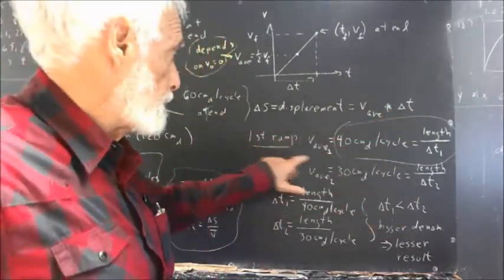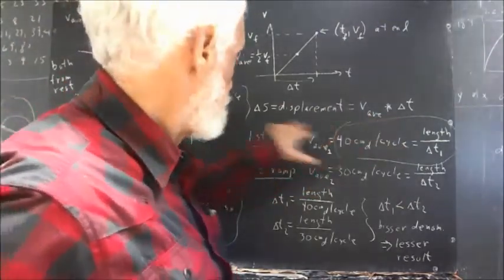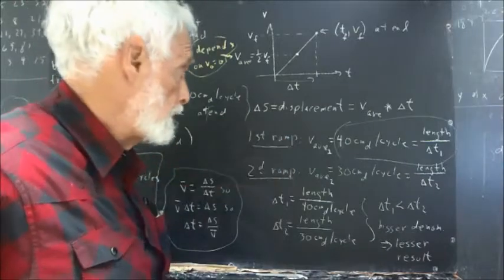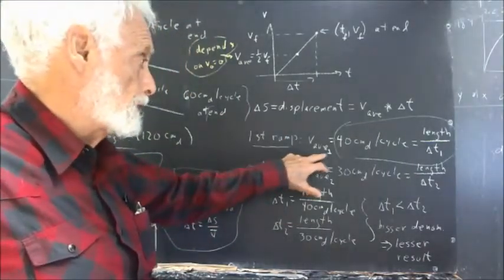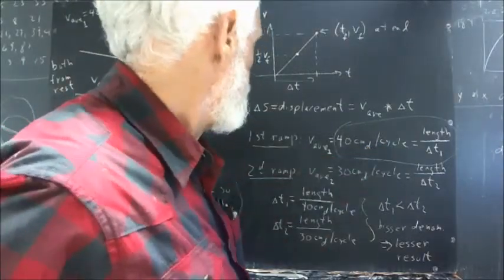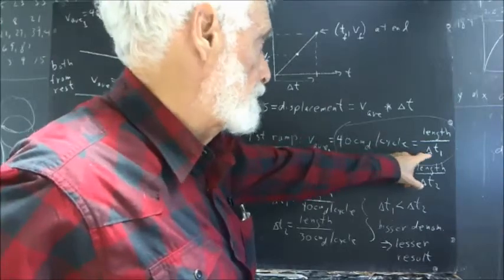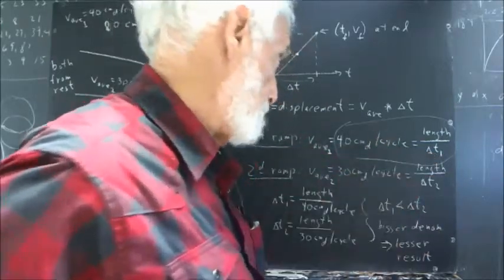So in each ramp, the average velocity is going to be delta S over delta t. The average velocity on the first will be 40 centimeters d per cycle, and we know that the delta S on the ramp is the length, and let's call delta t1 the time.